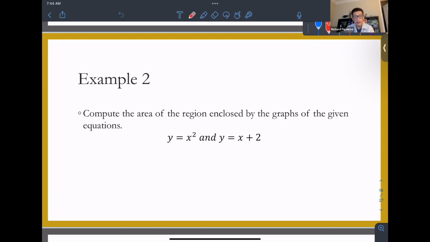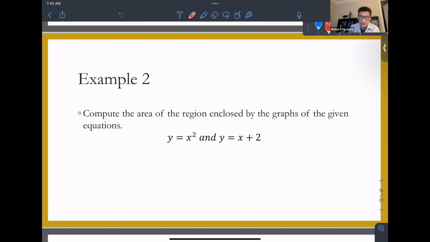Recall that this is a parabola, and since y equals x squared is positive, it is going upward.